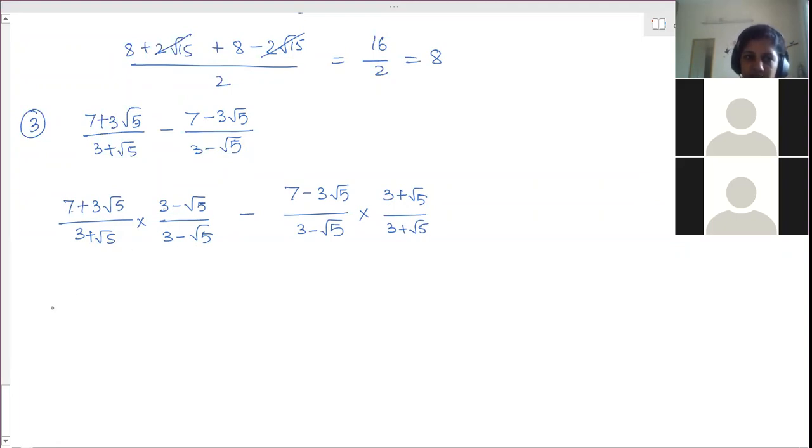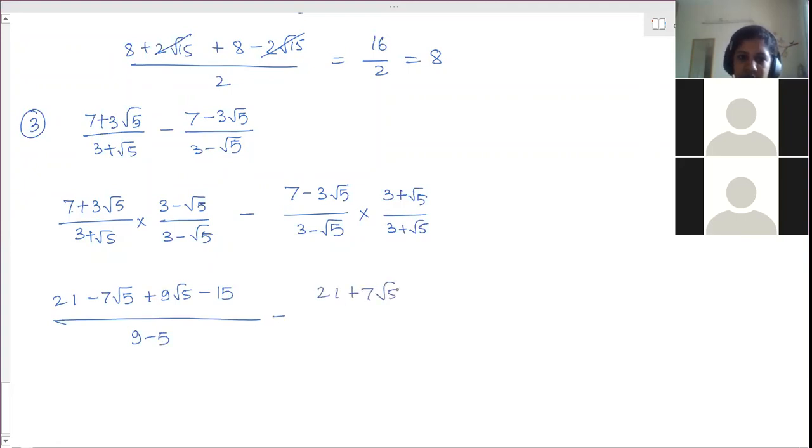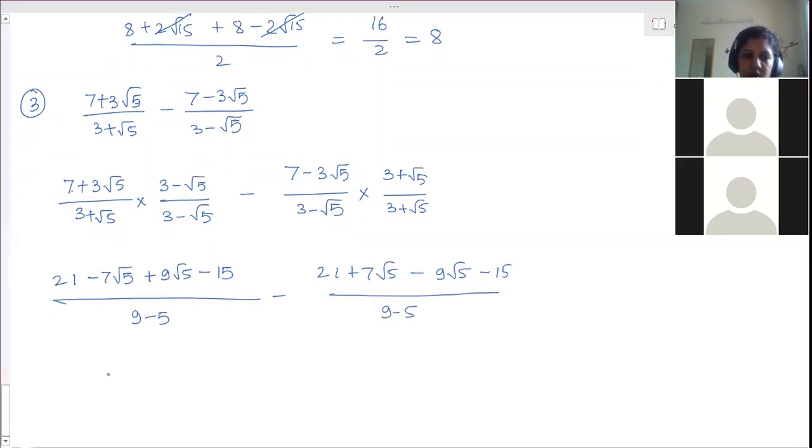7 into 3 minus root 5, that is 21 minus 7 root 5. 3 root 5 into 3 minus root 5, that is 9 root 5 minus root 5 into root 5, 5, 3 5s are 15, divided by 9 minus 5, minus 21 plus 7 root 5 minus 9 root 5 minus 15 divided by 9 minus 5, that is 4. The denominators are same, directly we can add or subtract the numerators.